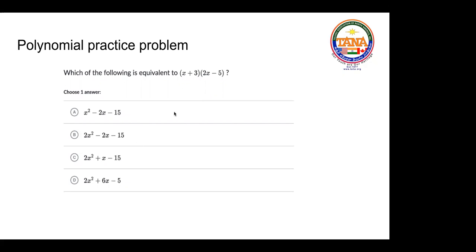All right, so I'll start this question now. So you have x plus 3 times 2x minus 5. The best way of doing this is FOIL. So you have x times 2x plus x times -5 plus 3 times 2x, actually plus 3 times -5.